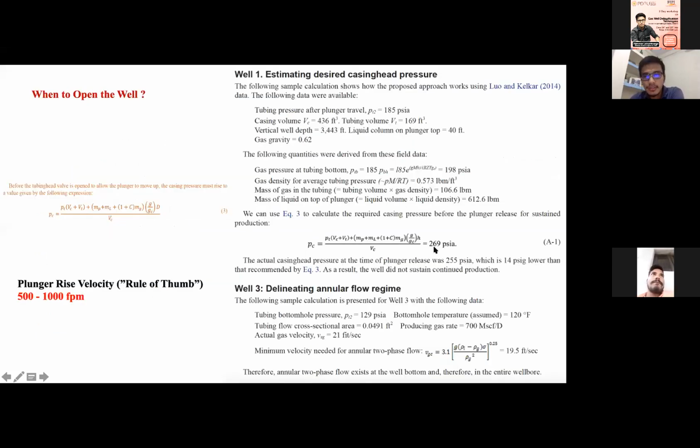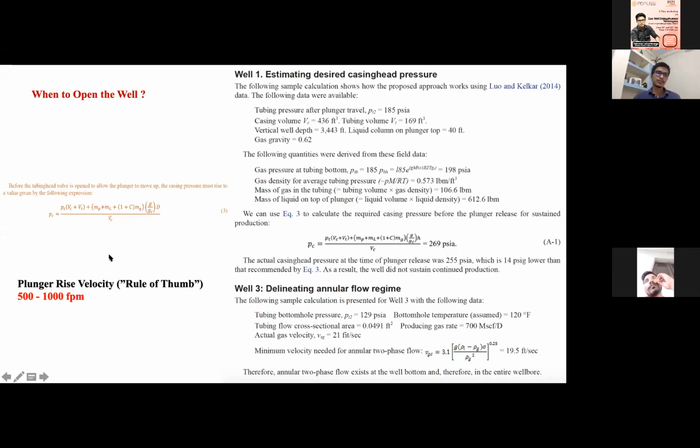In this model, he calculated that the required casing pressure is 269 psi after you drop your plunger into the well. When the casing pressure rises to 269, you will open the well. But the actual casing pressure at the time of plunger release was 255, which is 14 psi lower than 269. So you are not going to sustain any continued production.